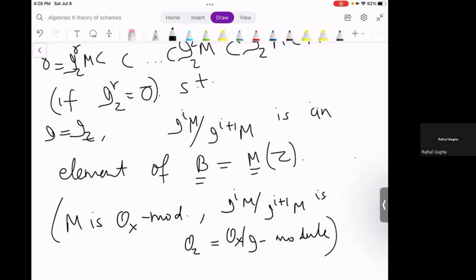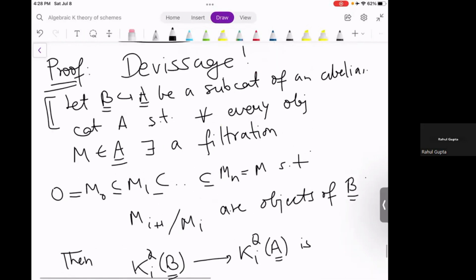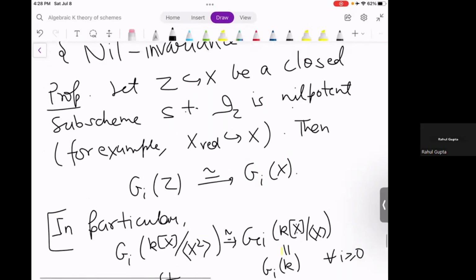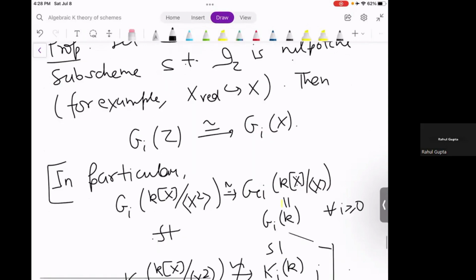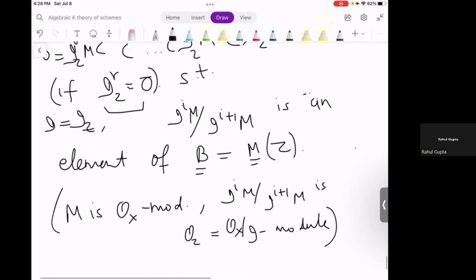So this always happens. You can give the filtration, but this filtration should terminate, and that condition comes from the nilpotency of this I_Z. So if my closed immersion is nilpotent, then the K theories and G theories do not differ by the resolution theorem. Is it okay? I hope the proof is clear.